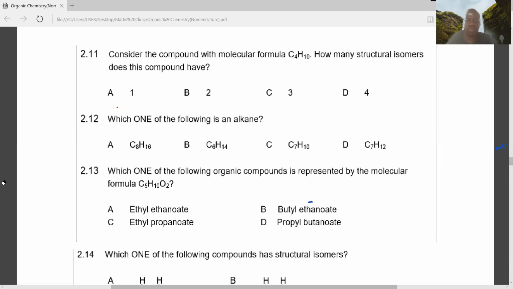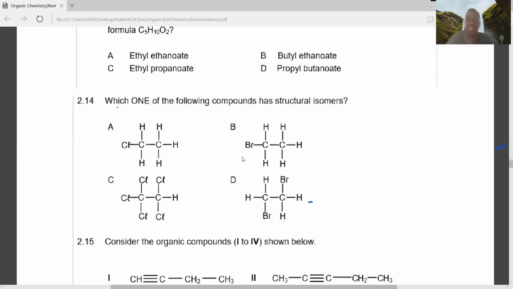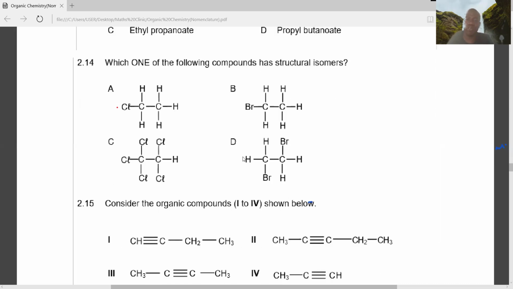Question 2.14 says, which one of the following compounds has a structural isomer? If you look at number A, this is a haloalkane with chlorine as a halogen. If we move this chlorine even to this side, the name will be the same.